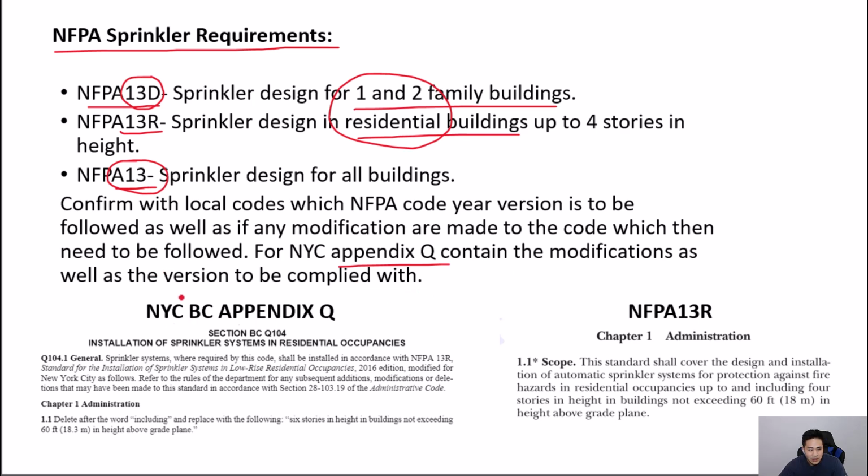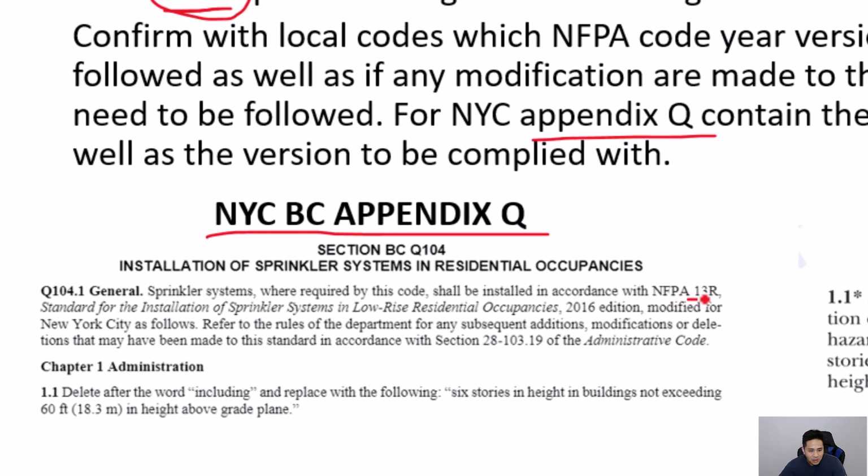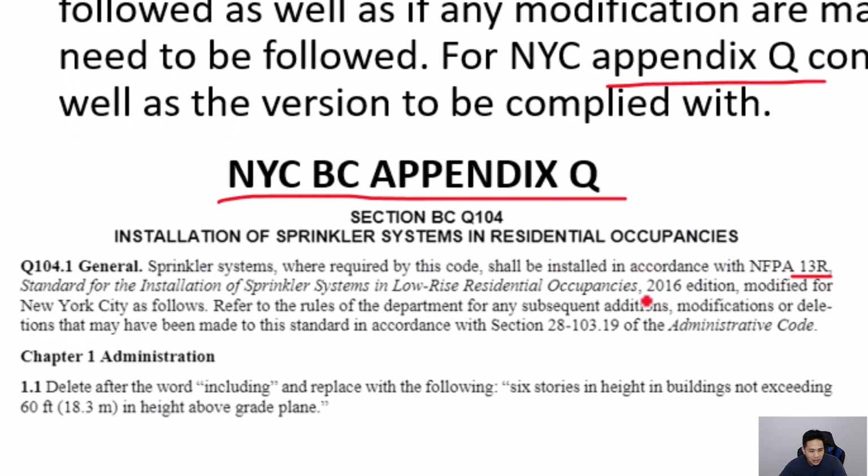So, this would be the example of the New York City Building Code, Appendix Q, and this is a section in it. So, if you look here, you can see that it talks about the NFPA 13R, and it states the year that needs to be applied for the current codes for New York City, and in this case it's 2016 at the time of this video, and modified as follows.